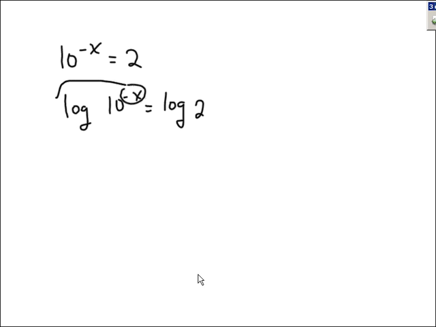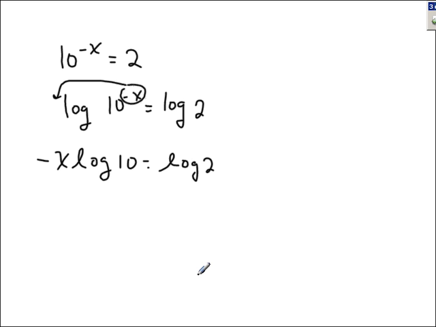You have 10 to the negative x is equal to 2. Again, I would use logs. The other option, of course, is to use ln's. The power, this is the reason we took logs, the power can come in front.